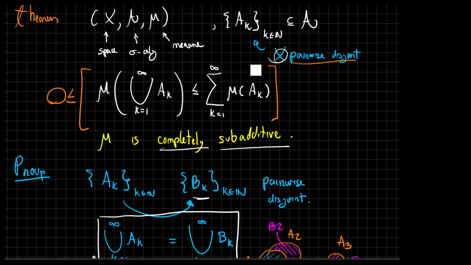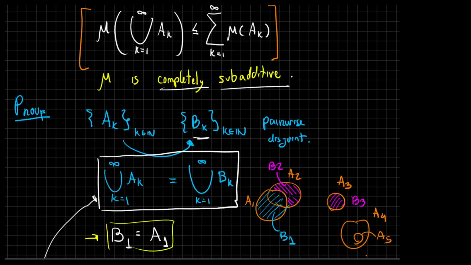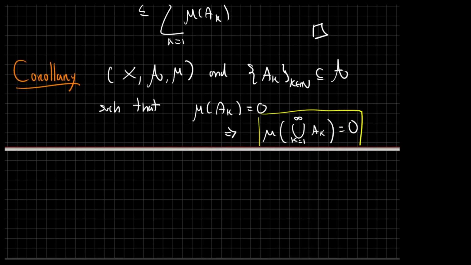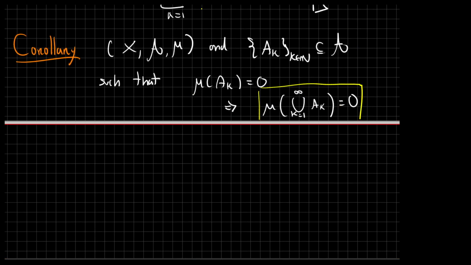So this whole series will be 0, and then the measure of the union will be 0, necessarily 0. So it is a nice generalization. Without this property, this apparently obvious thing would be much harder to prove. And it is the subadditive property that makes this corollary almost trivial.